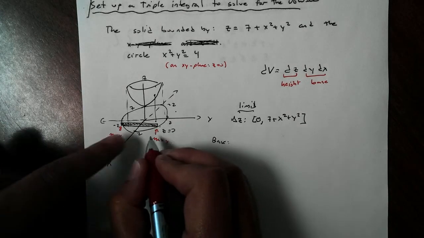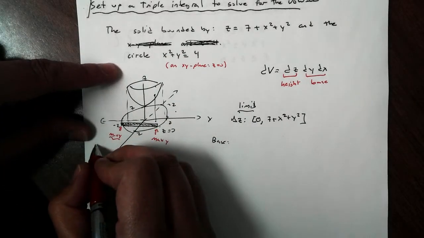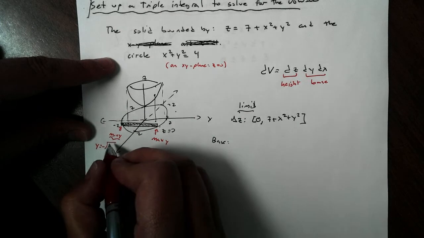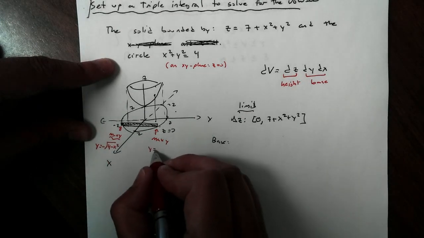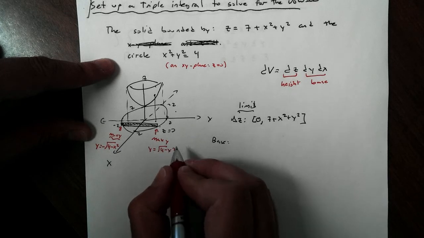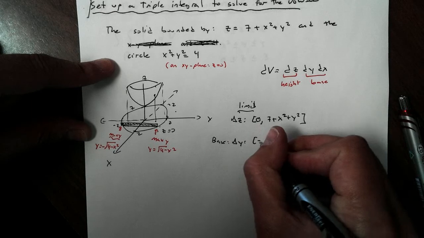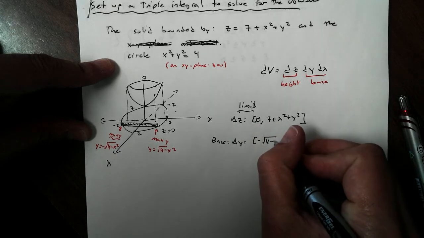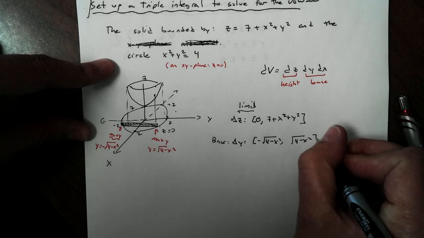To get the minimum y, this is just our circle, and I can solve for that. That would be y equals negative square root of 4 minus x squared to positive square root of 4 minus x squared. So that's my change in y's.